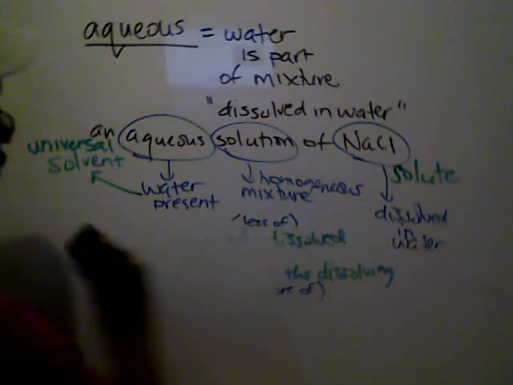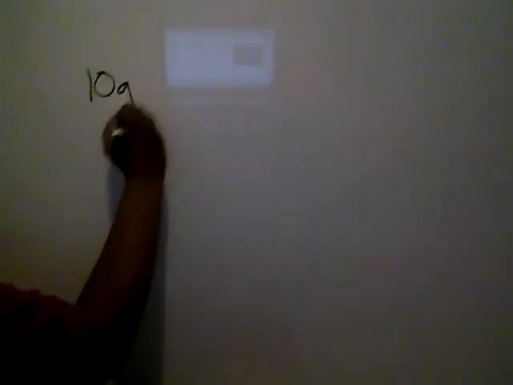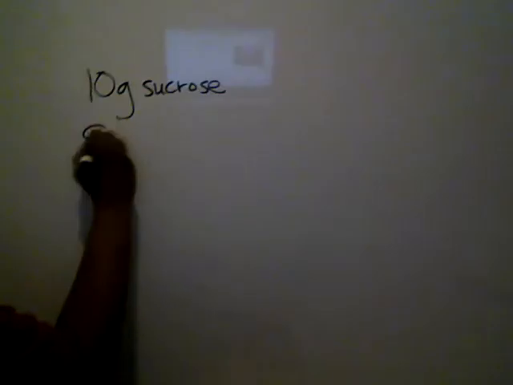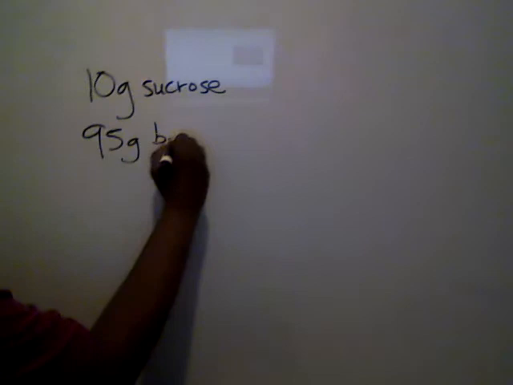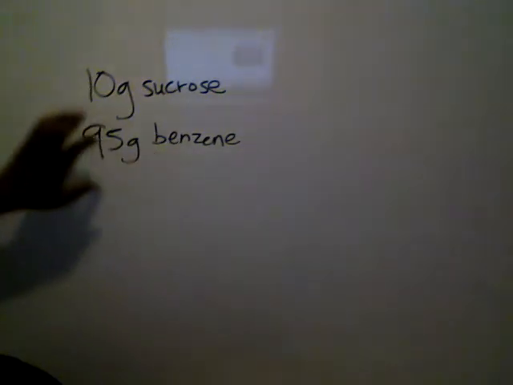Let's say they gave you a different scenario where you were making a solution made up of 10 grams of sucrose and 95 grams of benzene. Even if you have no idea what sucrose is and what benzene is, you can look at the amounts.